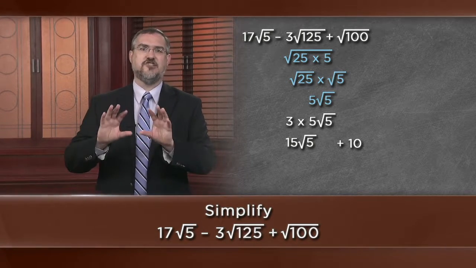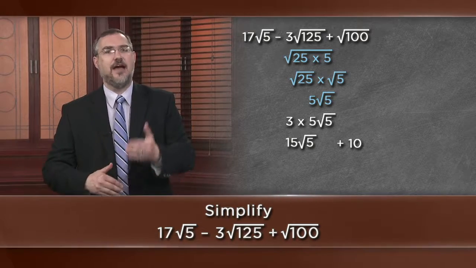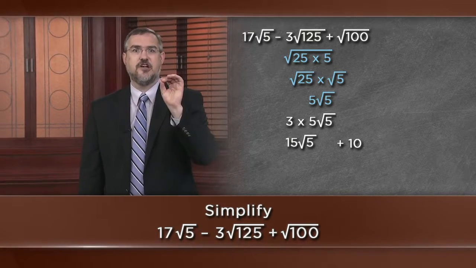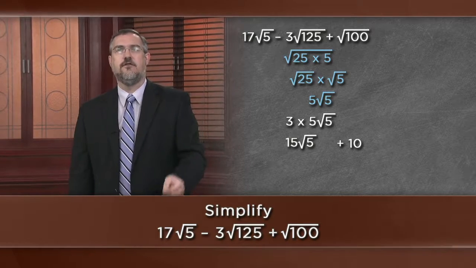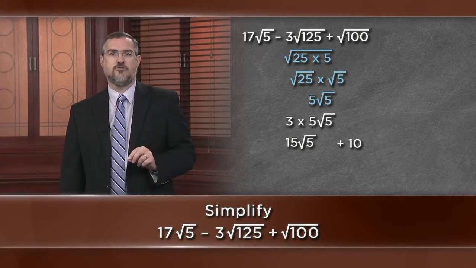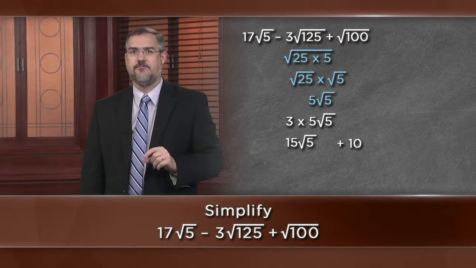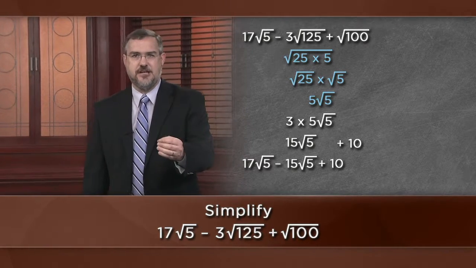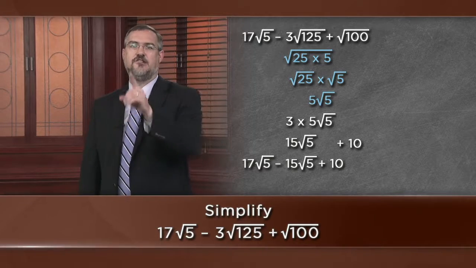I'm going to rewrite it as a 10 anyway. And that means that our original problem can be rewritten as follows. It started out as 17 times the square root of 5 minus 3 times the square root of 125 plus the square root of 100. That equals 17 times the square root of 5 minus 15 times the square root of 5 plus 10.